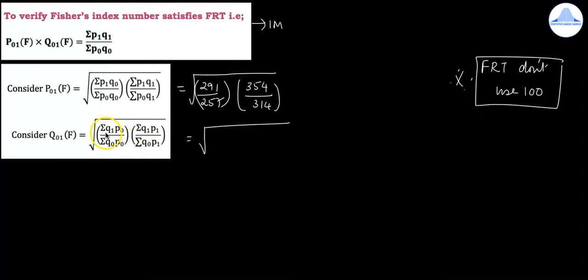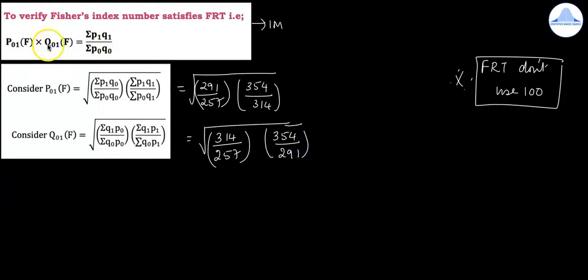It is root of summation Q1 P naught, which will be 314. You should see the table correctly and substitute the totals correctly. Divided by 257, into summation Q1 P1, which will be 354, divided by summation Q naught P1, which is 291.